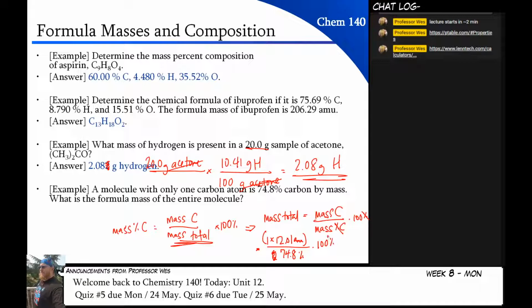And when I do that, I get 16.06 AMU. Trying to cram that in there, unfortunately. Oh, and I only have 3 sig figs, so I should have 60.1.